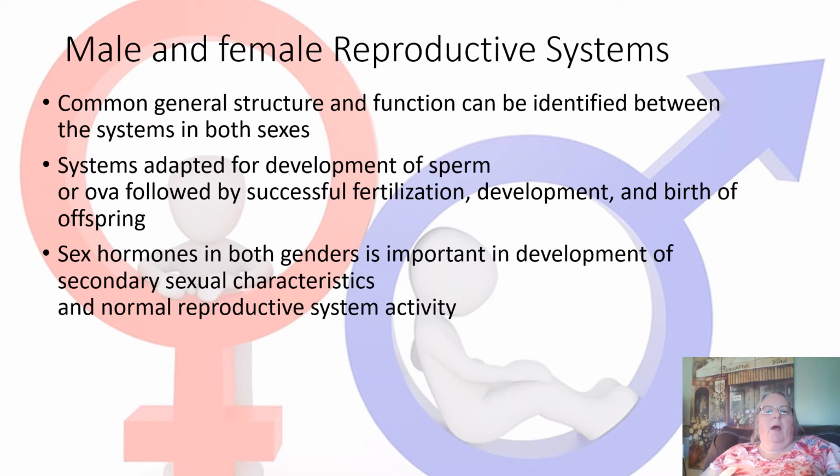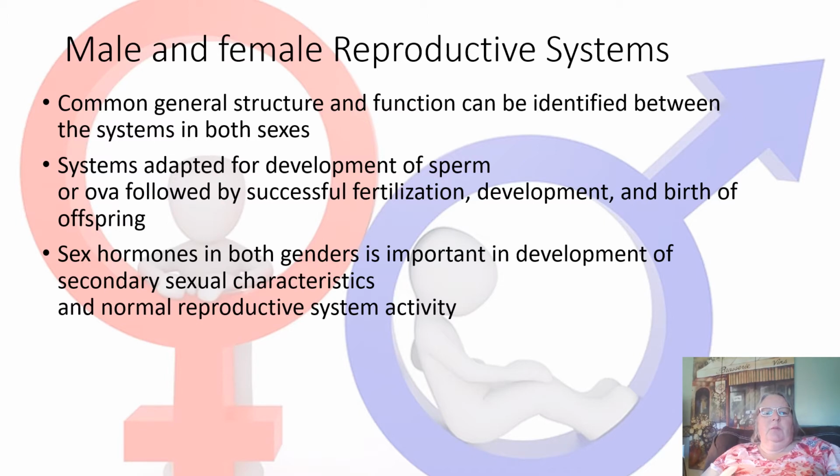Let's talk about the commonalities between the two reproductive systems. The general structure and function can be identical between the systems in both sexes. Systems adapt for development of sperm and ovum, followed by successful fertilization, development, and birth of an offspring.